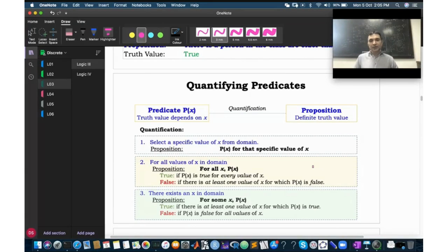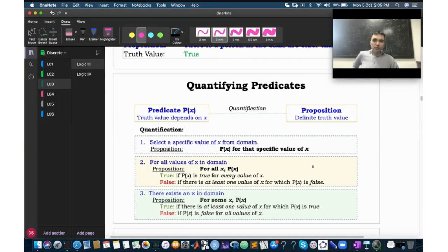Similarly, when we say let P be a statement, and we say this statement is true for all values of x in the domain, then this also becomes a proposition. That's the universal quantifier we are using. We are saying that the statement is true for all values in the domain. Similarly, when we say that the statement is true for some values in the domain, then this is also a proposition, and this is true when the statement is true for at least one value in the domain of the variable.